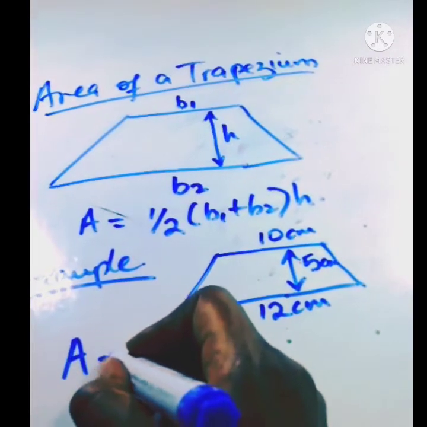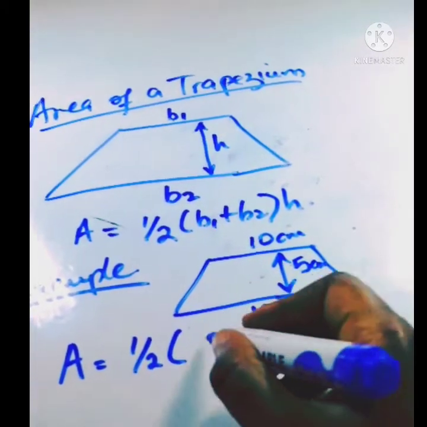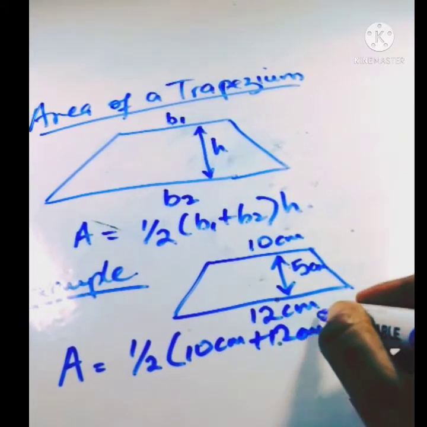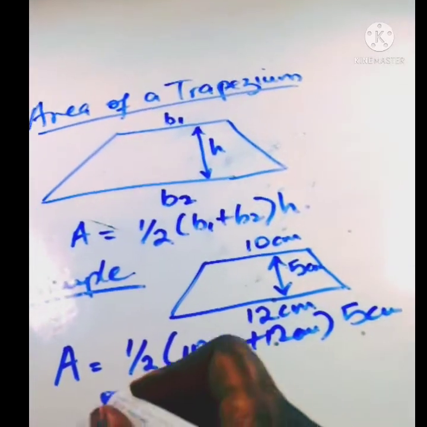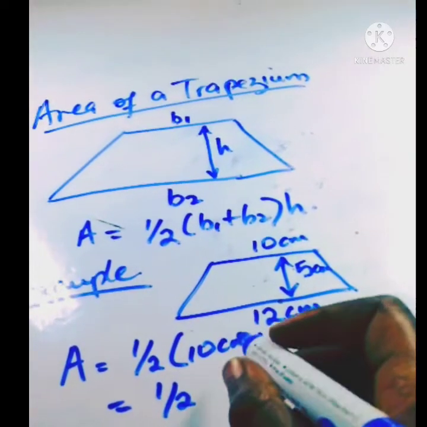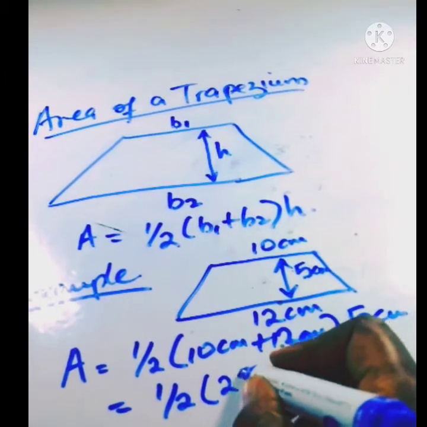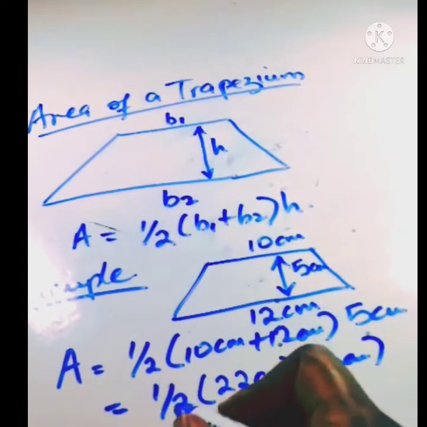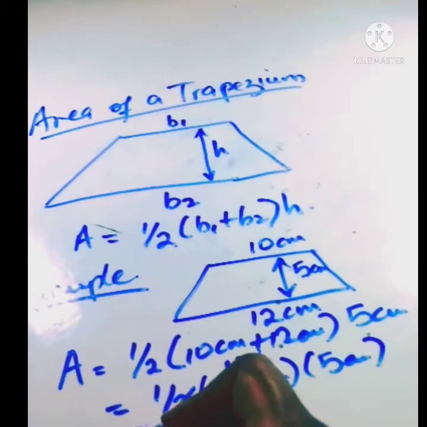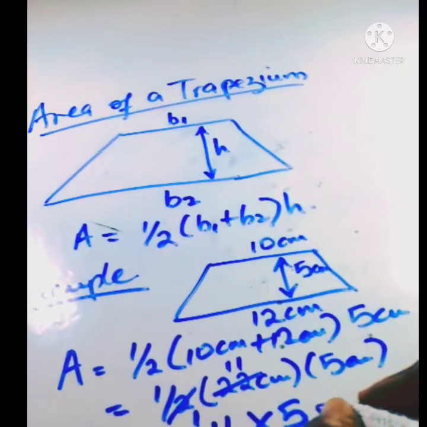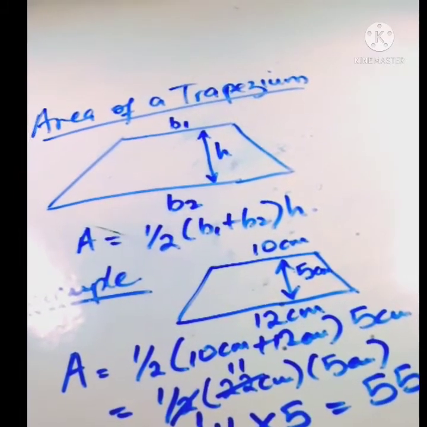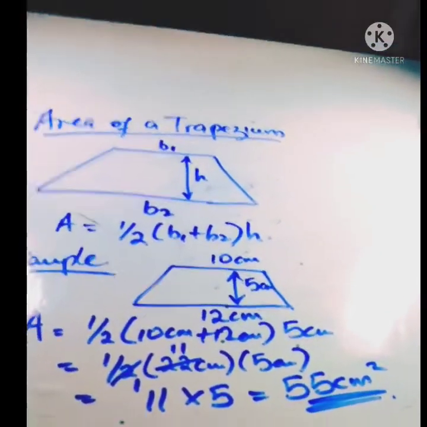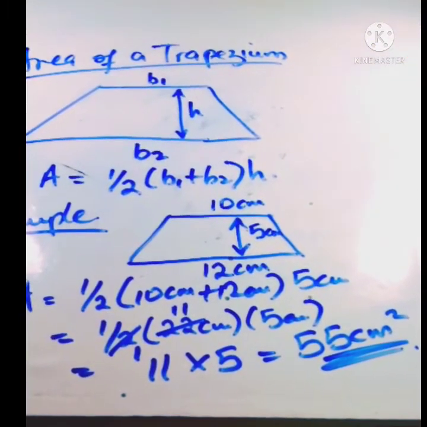So the area is equal to 1 over 2, 10 centimeter plus 12 centimeter times 5 centimeter, giving us 1 over 2, 22 centimeter times 5 centimeter. So 2 will go here 1, 2 will go here 11. So we are left with 11 times 5, giving us 55 centimeters squared. Okay?